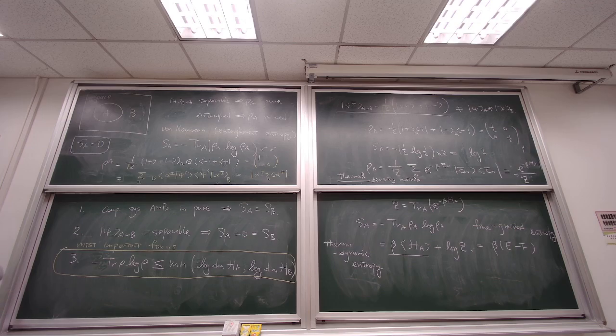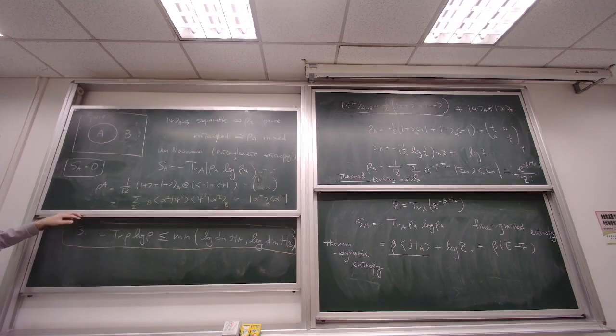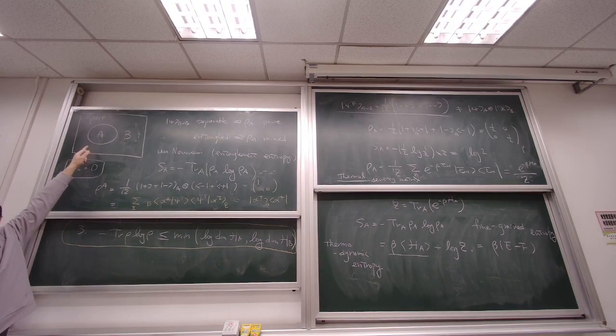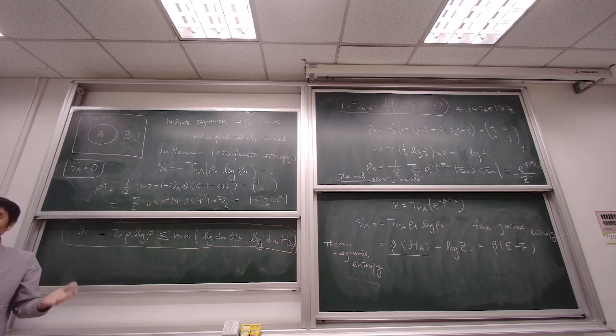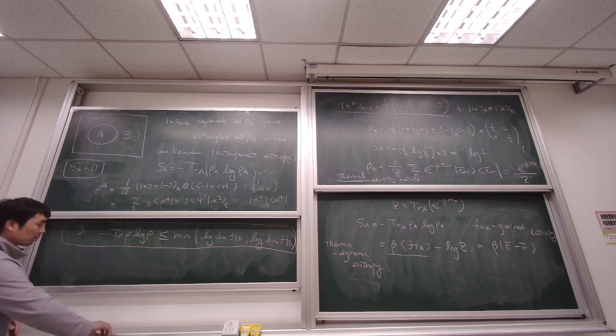Okay. So therefore, if you consider the Hilbert space of one system shrinks, then the total system should shrink. Okay. So therefore, it does not obey the usual thermodynamic entropy law, the second law of thermodynamics.